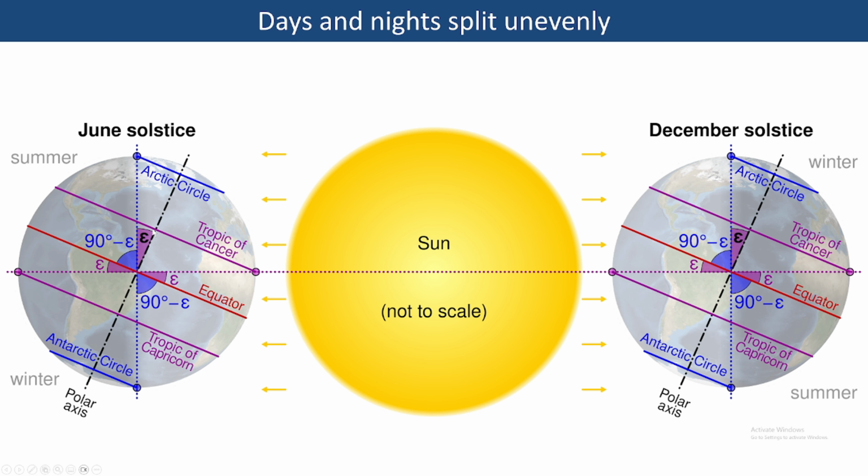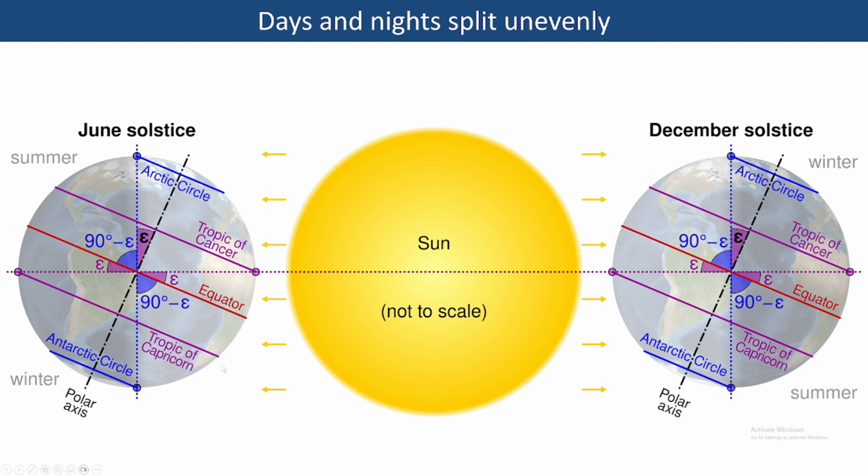And guess what happens? Can you see that the length of the purple line in the shade is actually shorter than the length of the purple line lit by the sun? That means in the June solstice, you have longer daytime than nighttime. And if you are in the southern hemisphere, the situation is opposite.